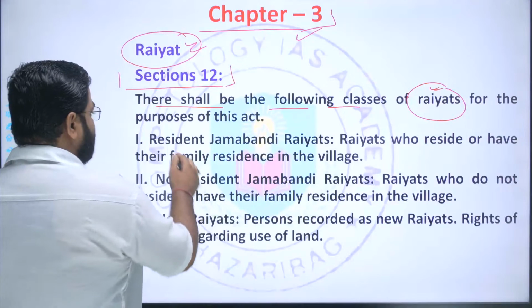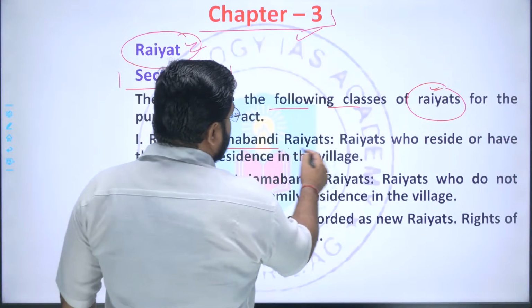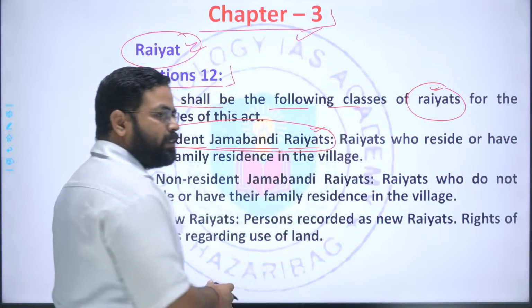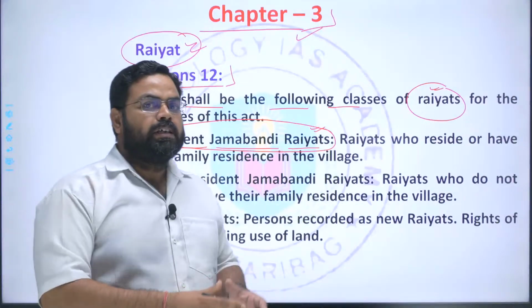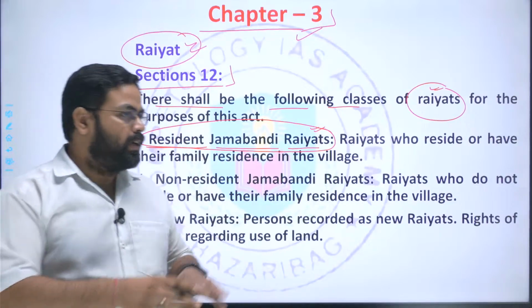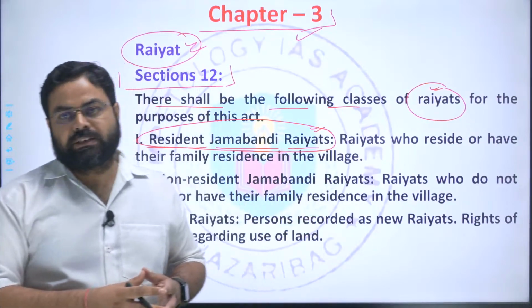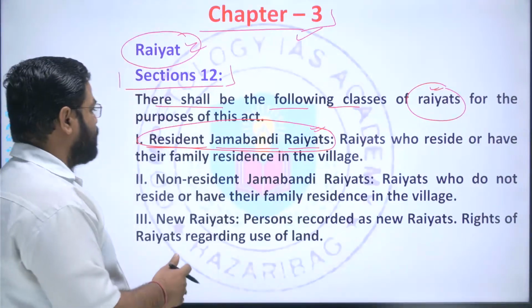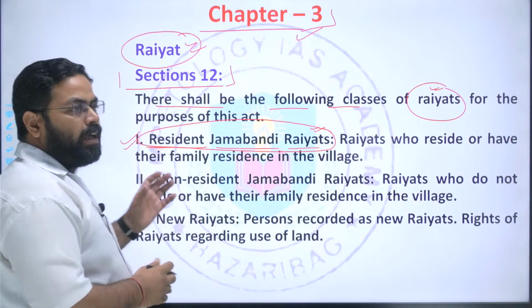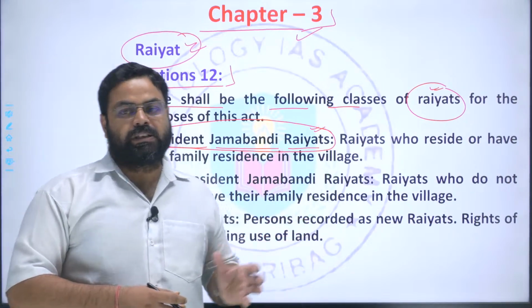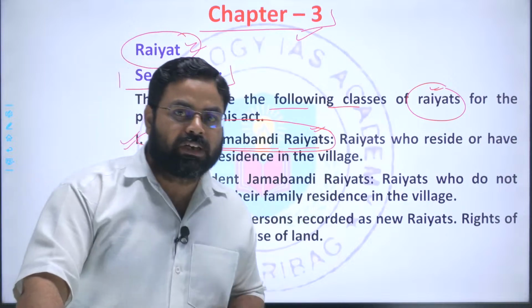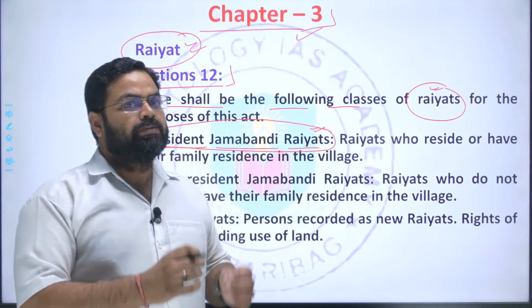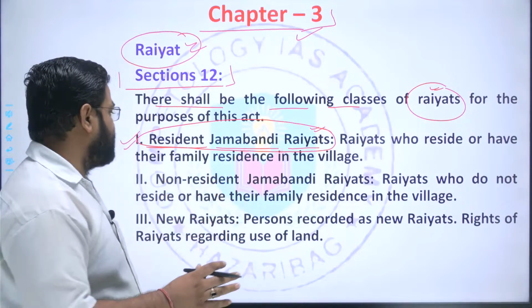The first group is the resident jamabandi raiyat. Those raiyats who reside in the village and have their land within the boundary of that same village, and whose name is mentioned in the record of rights, will be considered resident jamabandi raiyats, because they reside within the village, have their land holding within the village, and live with their family within the village itself.